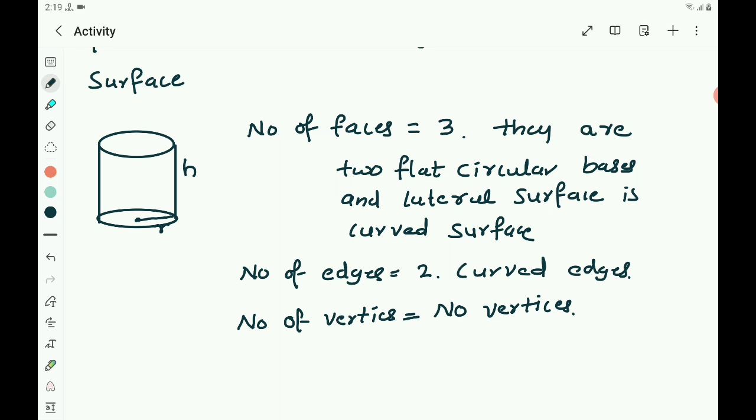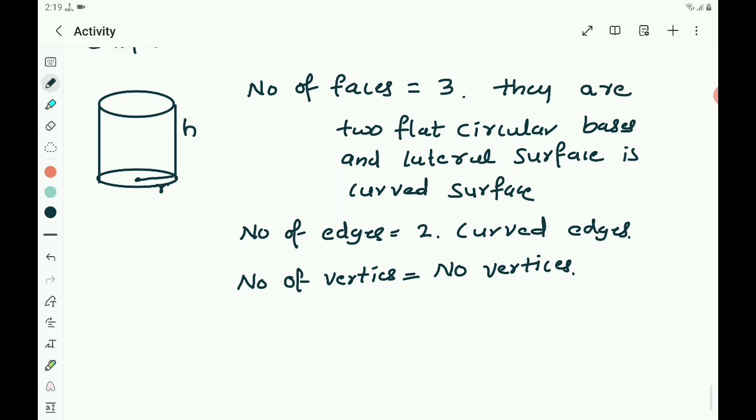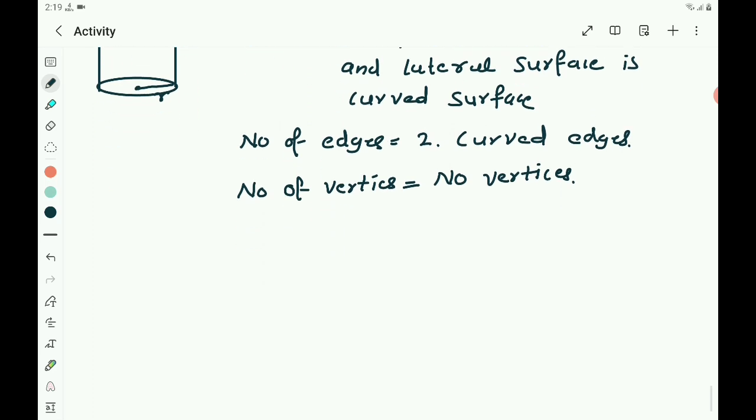For this we have to take the radius of the circular base and height of the cylinder. So you take lateral surface area. For cylinder, lateral surface area is termed as curved surface area. You write curved surface area of cylinder.